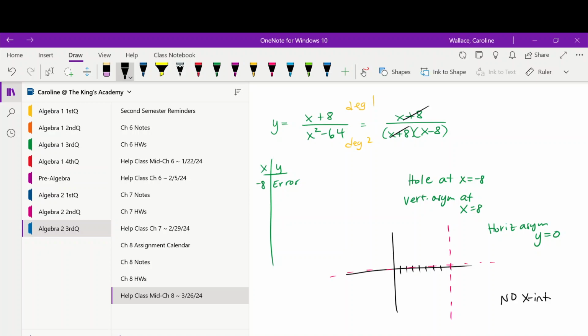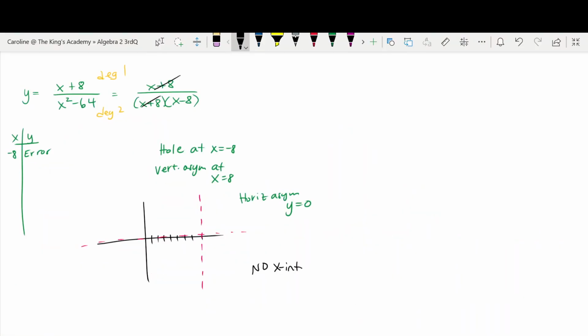What about the y-intercept? What's the rule for that again? Right. I'm getting rid of these. It's 8 over -64.